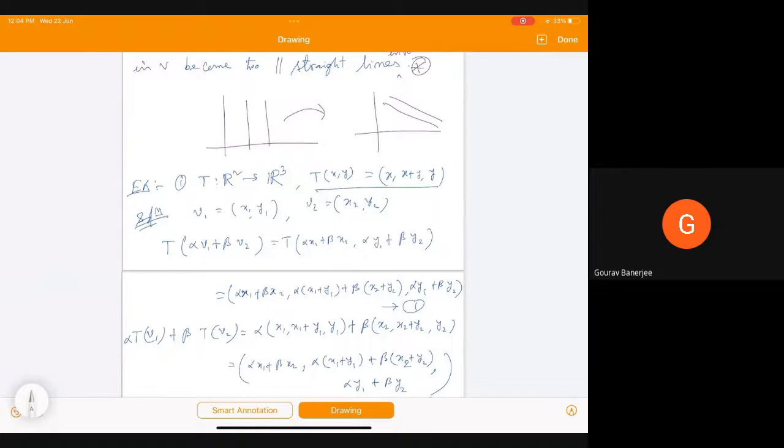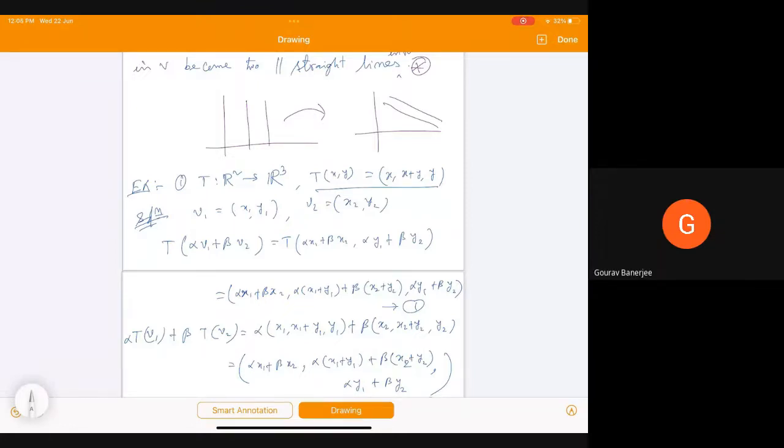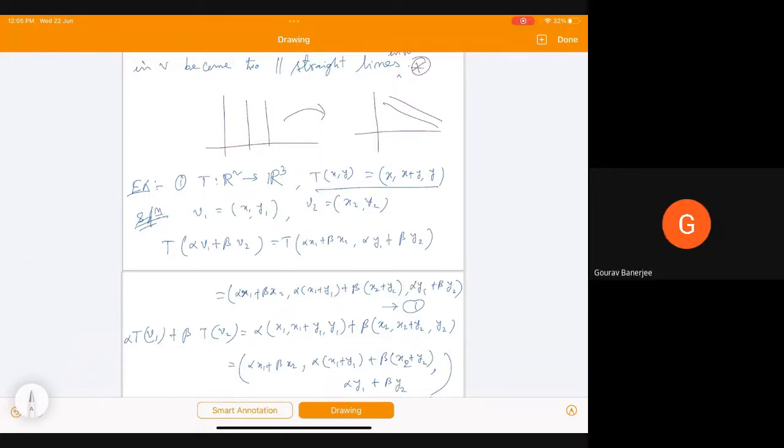If you put the value of x, y in equation 1, it will give the new x coordinate in R3. Equation 2 gives the y value, and equation 3 gives the z value. For example, x, x plus y, y. Now, sir, here there are three equations and two variables, x, y. So, sir, this is an inconsistent system of equations.